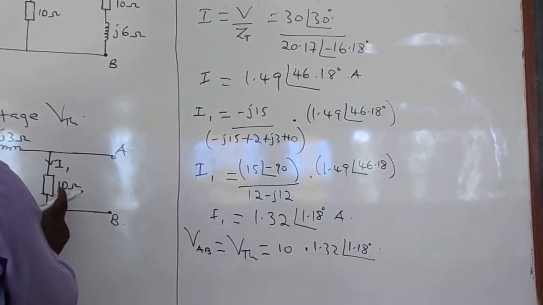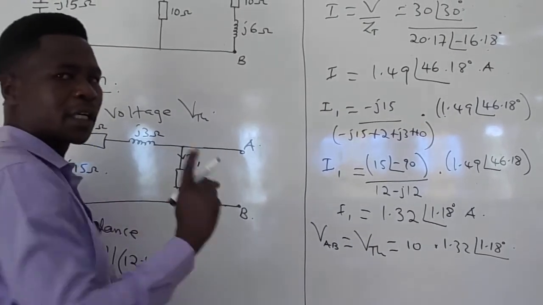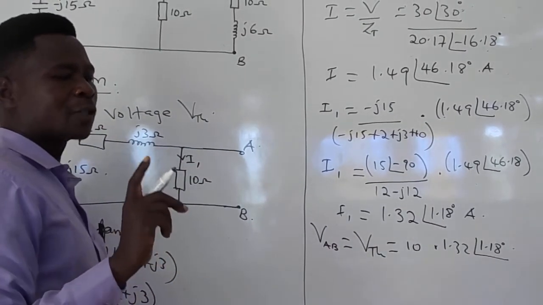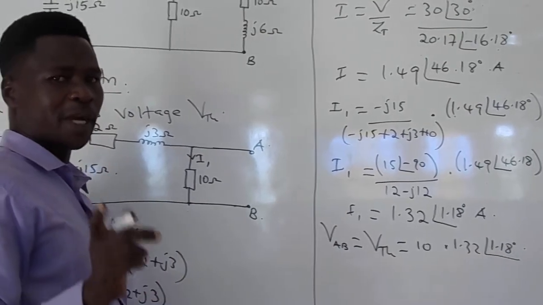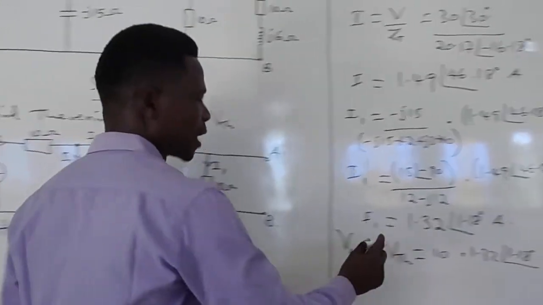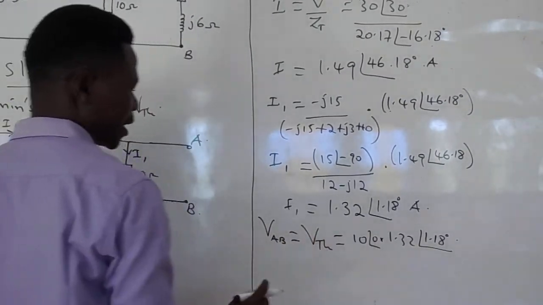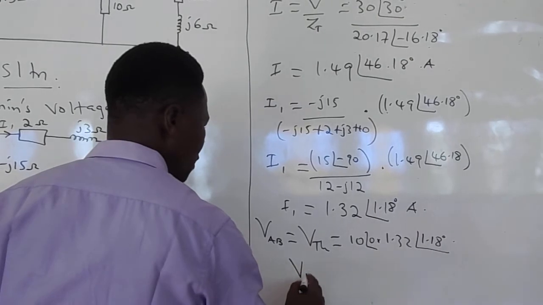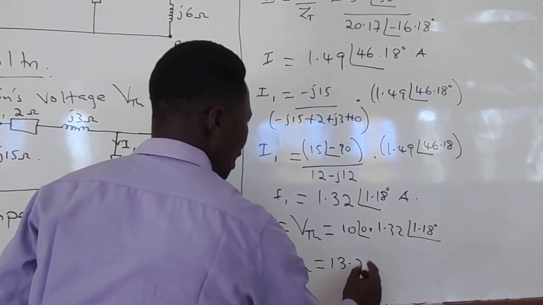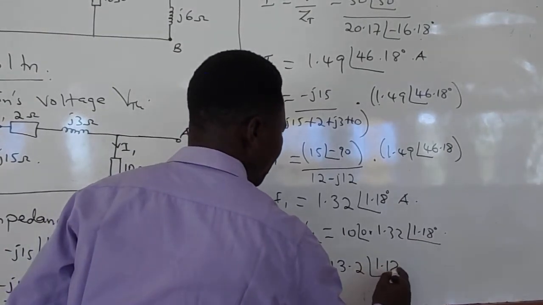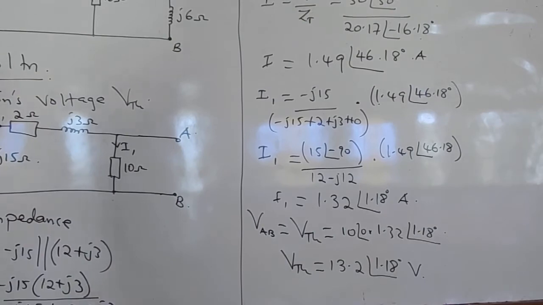Now the 10 ohms being resistive, it is at an angle of 0 degrees when converted into polar. So what we expect to get at that point is now 10 at an angle of 0. And when this is multiplied, it will give us a Thevenin's voltage of 13.2 at an angle of 1.18 degrees volts. So that is Thevenin's voltage.